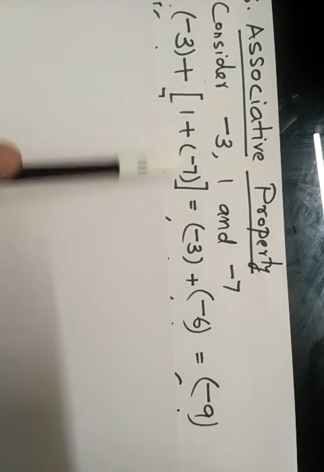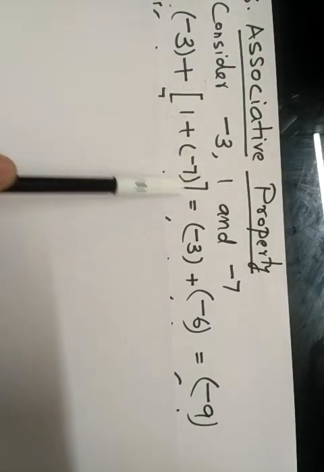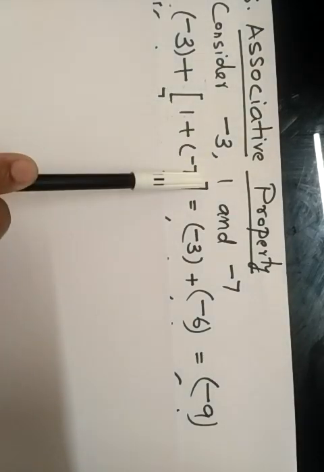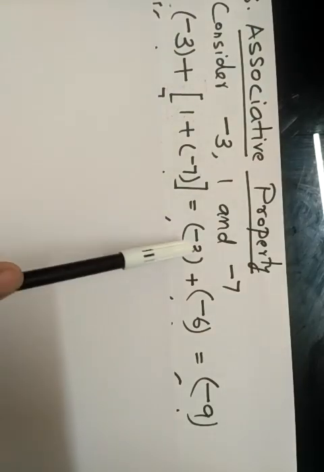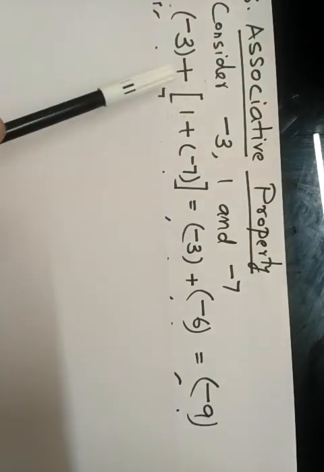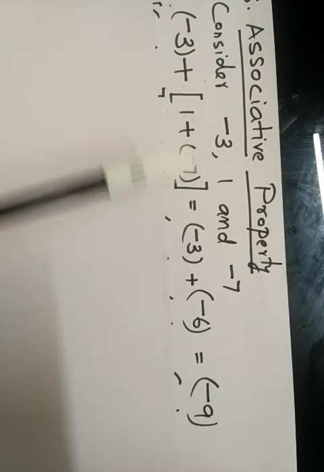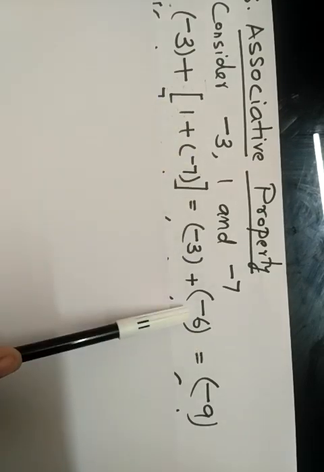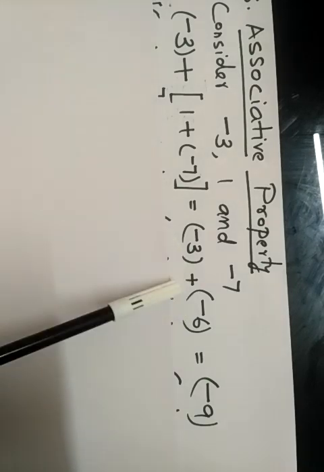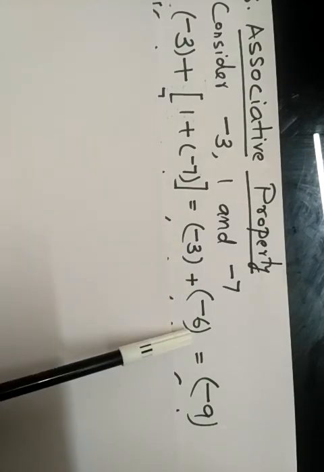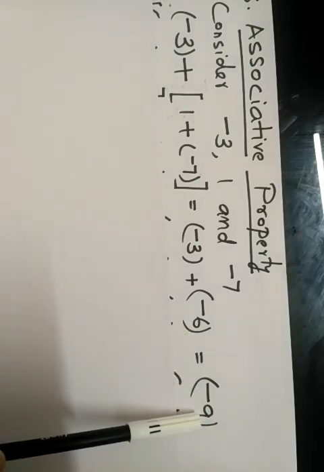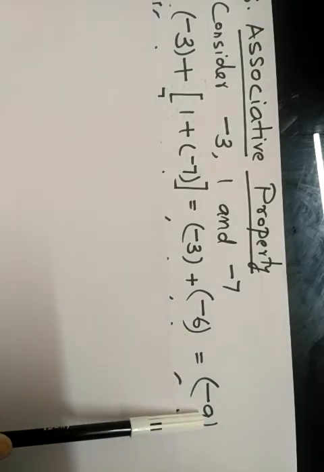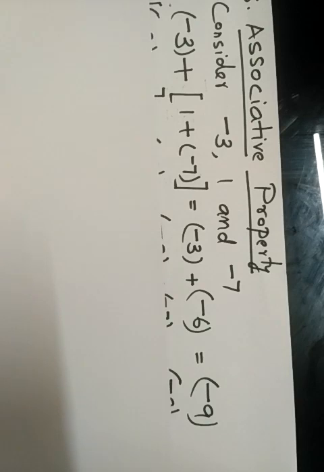This bracket indicates we have to do the bracket first. So we will write minus 3 as it is, plus, when we add 1 plus minus 7, that is minus 6. Now we have minus 3 plus minus 6, which is equal to minus 9. Correct?